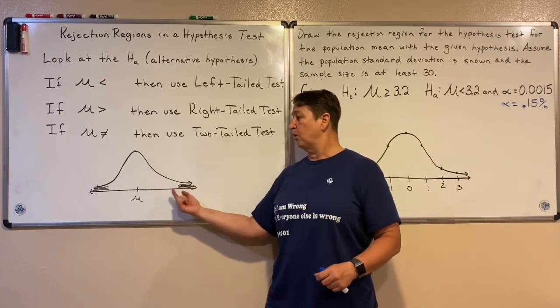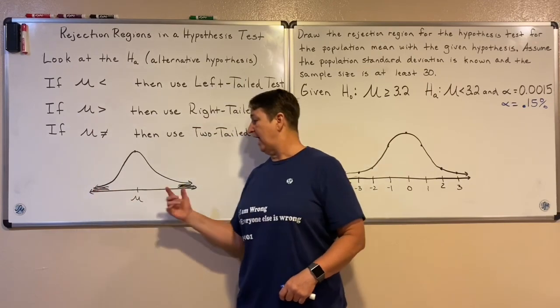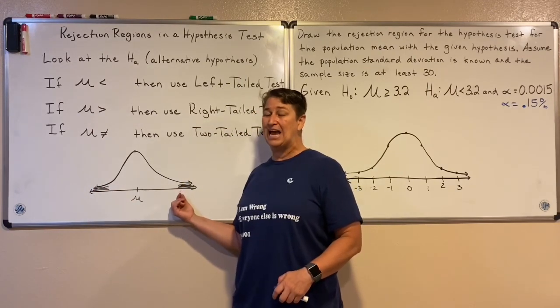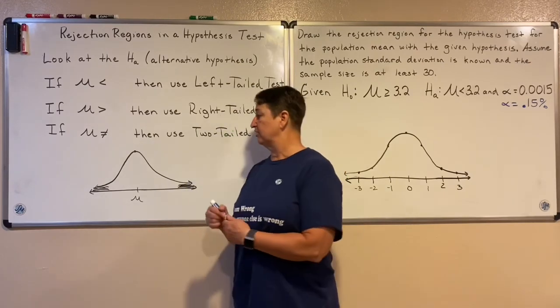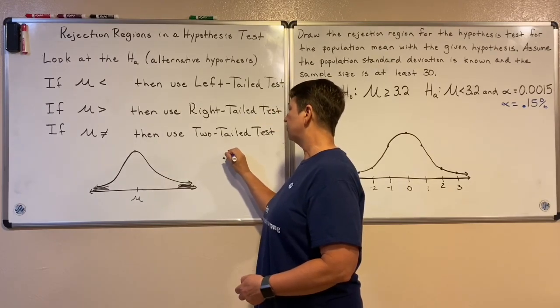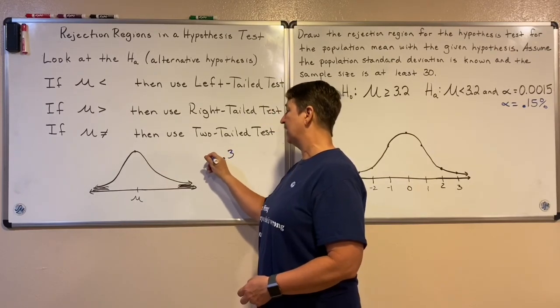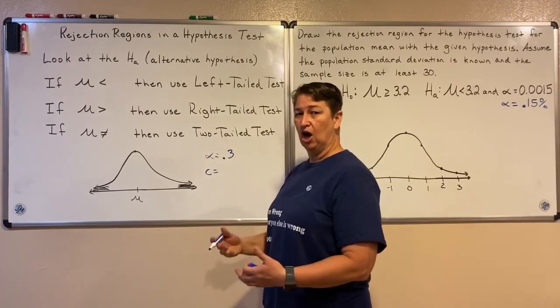So if it's 0.15 on one end, if I double that, it would be 0.3 on both ends. So if I'm looking for something that would be 0.3, and remember that if that's my level of significance, then my confidence level is the complement of that.